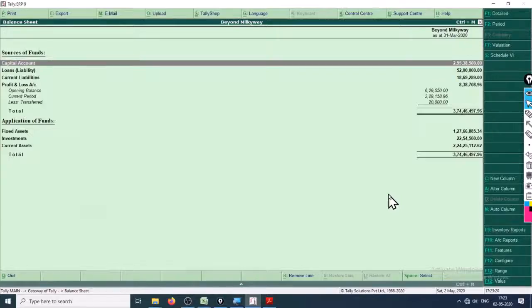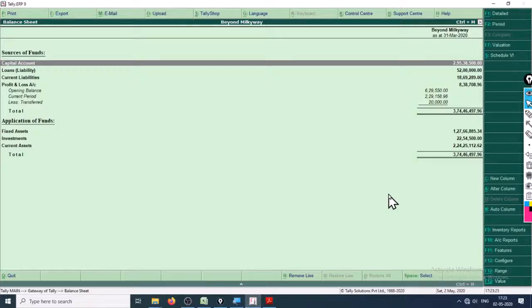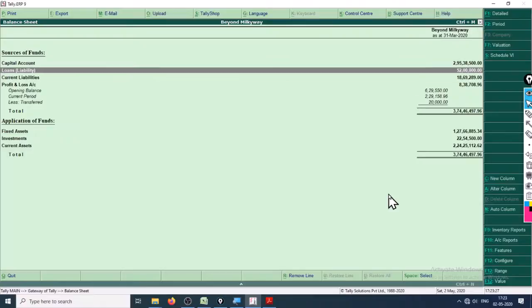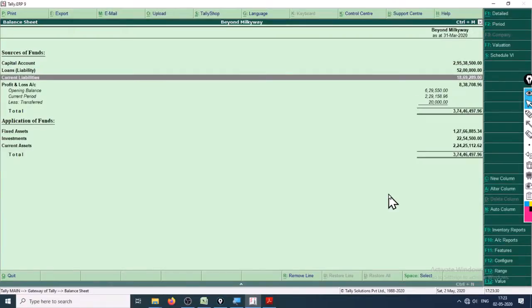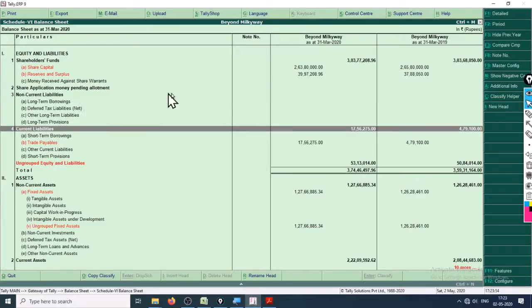Right here with me is the balance sheet of Beyond Milky Way. How to calculate total liability? Do we have total liabilities here? Nope. Non-current plus current will be our total liability.